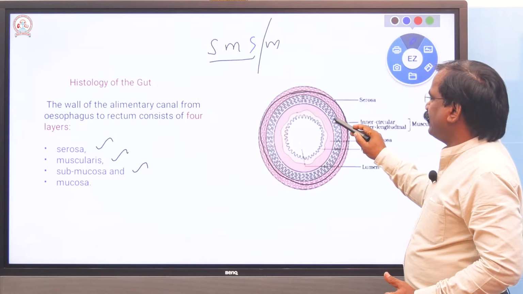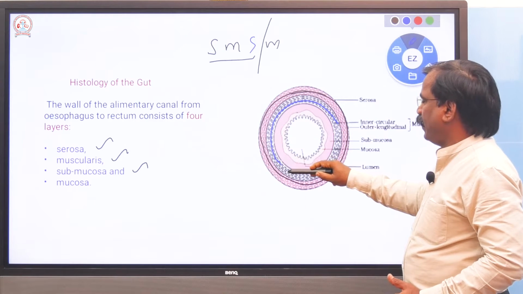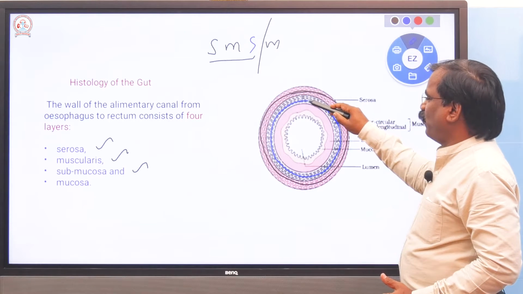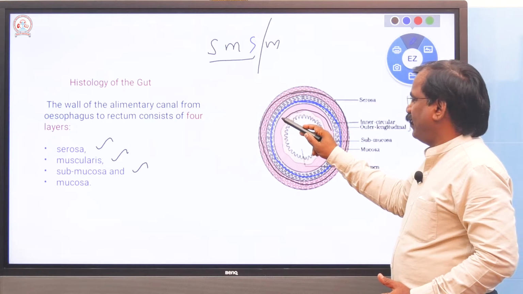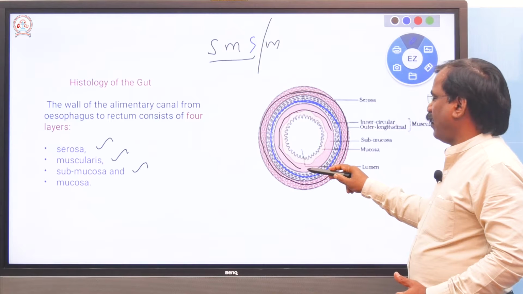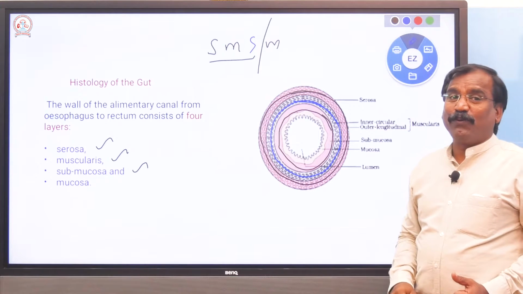And the next, this pink color, is called the submucosa.